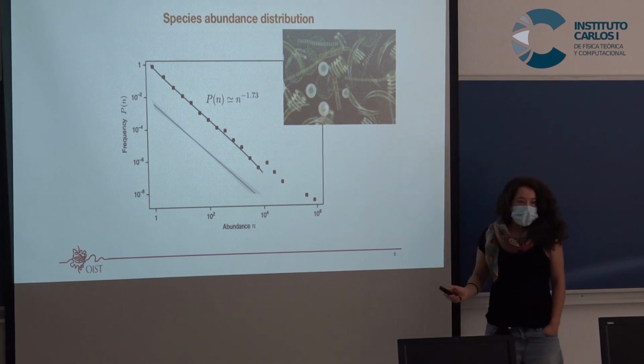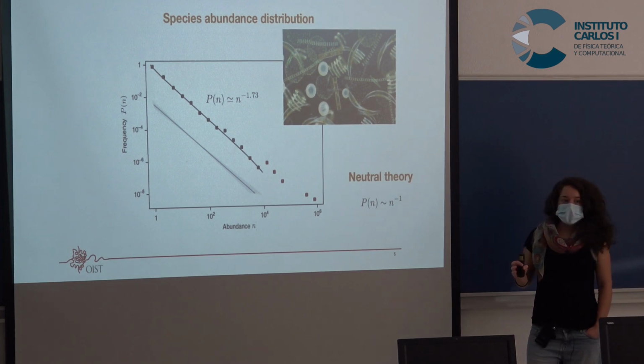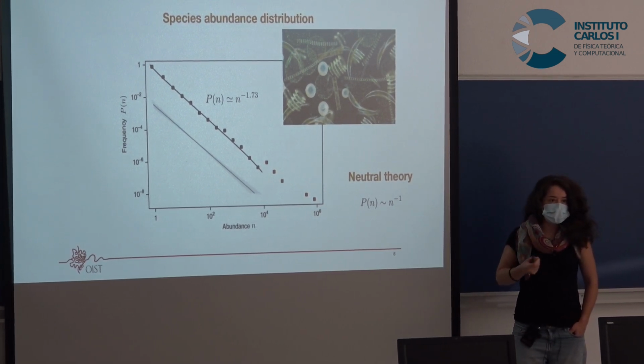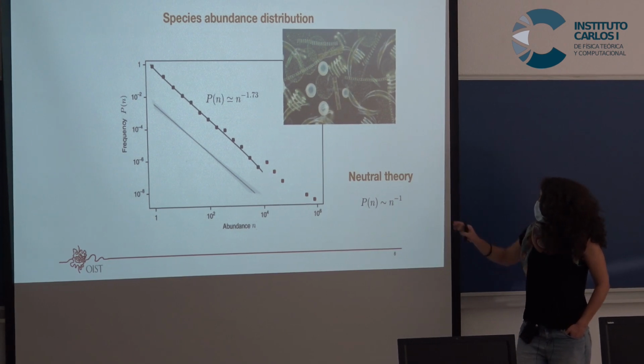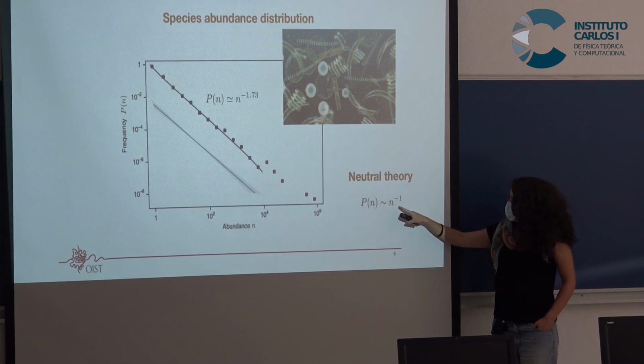Why do I say 1? The simplest theory that has been proposed in the ecological area to explain ecological communities is the neutral theory, which predicts that this decays as a power law of 1.